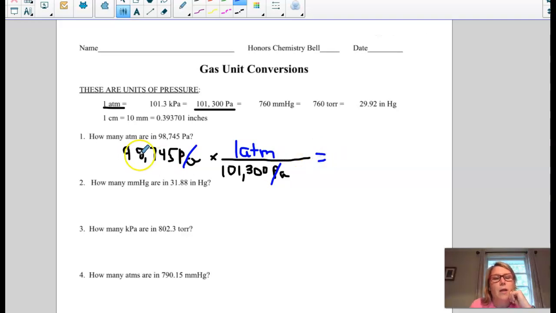Okay, so 98,745 pascals. So I'm going to take that, divide 98,745 by 101,300, and that gives me 0.97478 ATM.